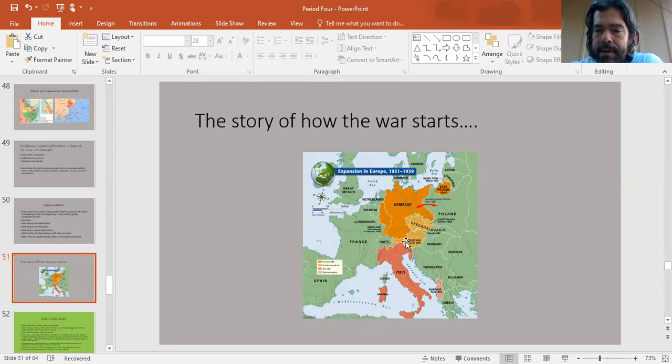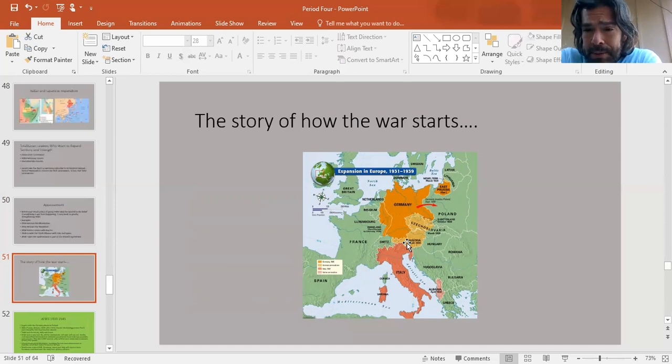So this right here is Austria. If you'll remember, Austria was an ally of Germany in World War I. Austria is a shell of the size it was. Austria loses most of its territory after World War I. Most of what is left in Austria, the people that are left in Austria, are Germans. So you have Germans living in Germany, and you have Germans living in Austria.